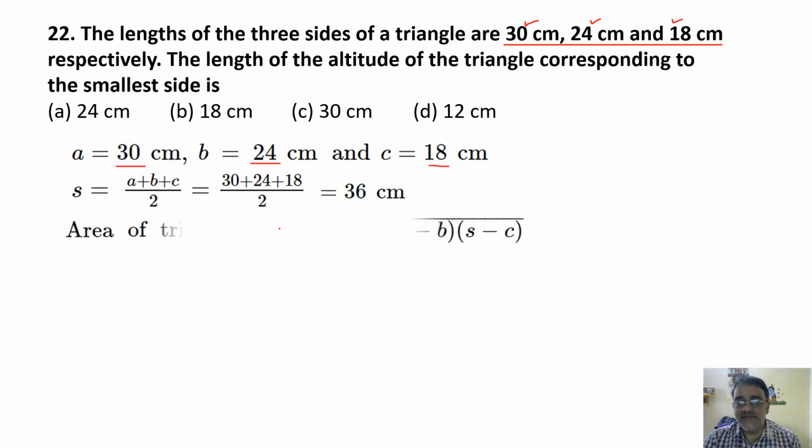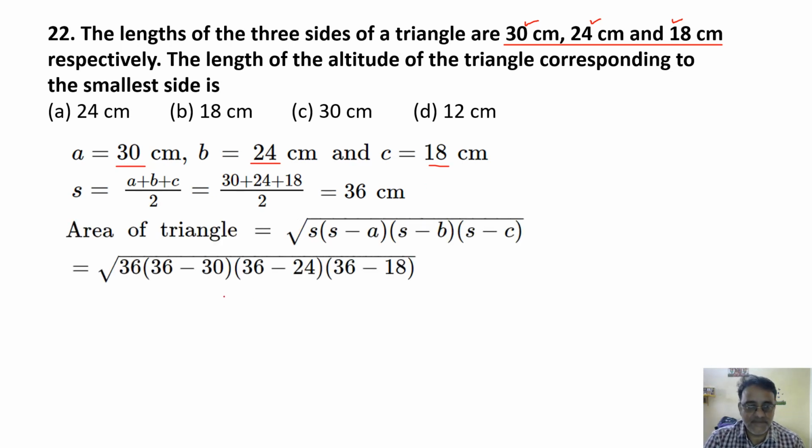Now we'll write the Heron's formula. Now substitute all the values. So 36 into 6 into 12 into 18.